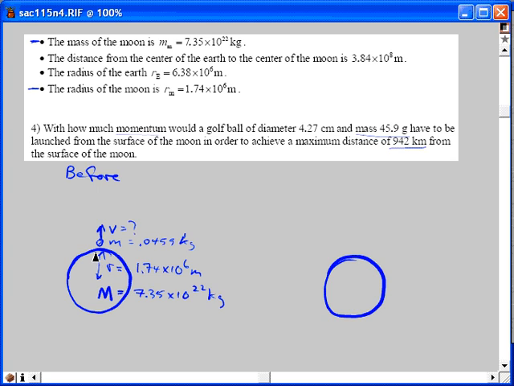Okay, it goes up to some max height h, which is given as 942 kilometers. I'm going to call that 0.942 times 10 to the 6 meters.